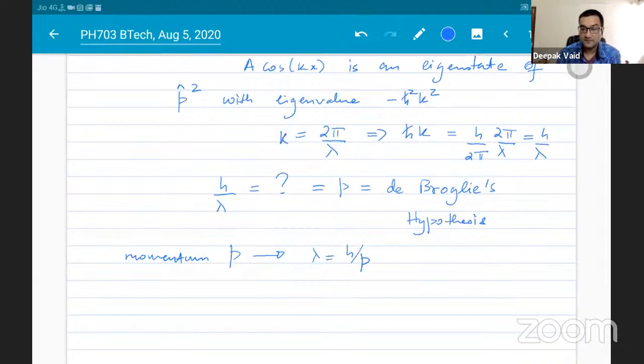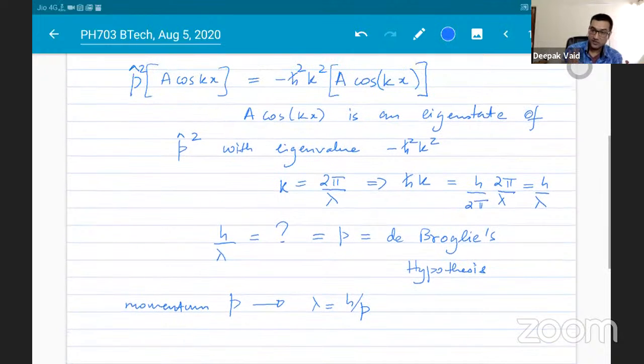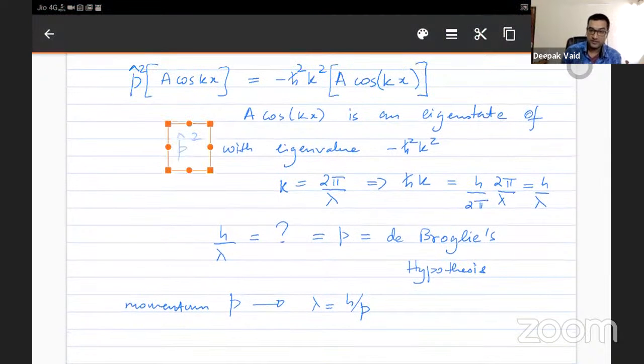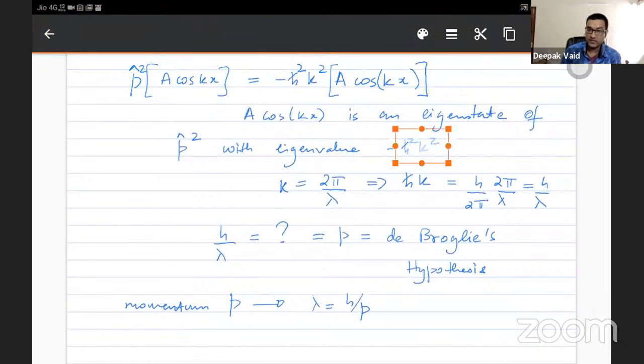Remember that? So now we have reversed de Broglie's hypothesis, and you can see the result: the eigenvalue of this p square operator is equal to minus h bar square k square.